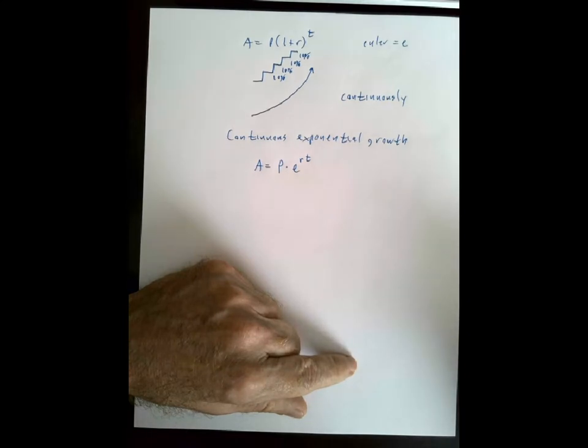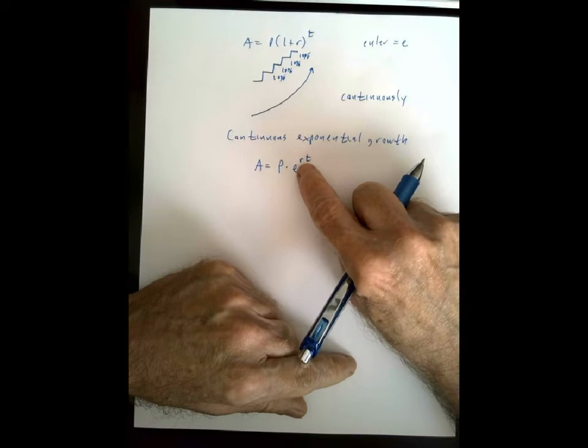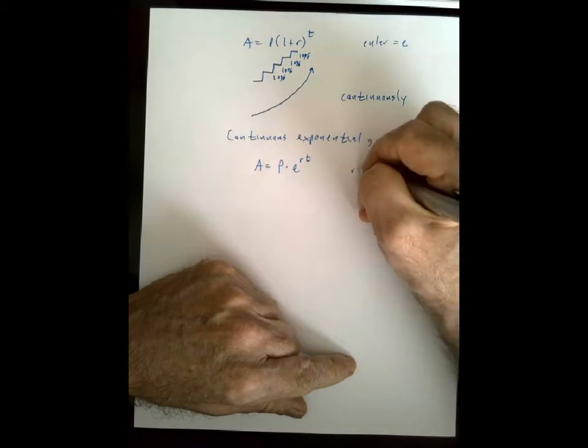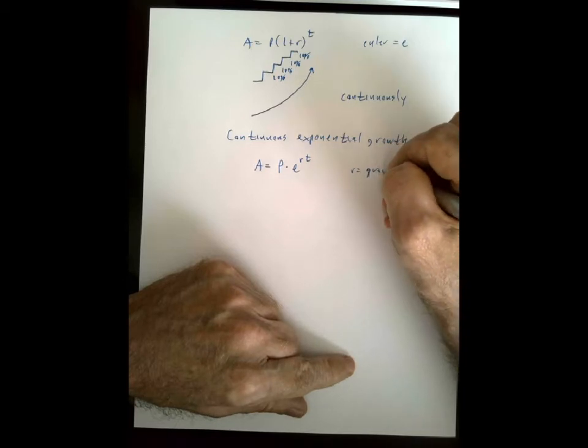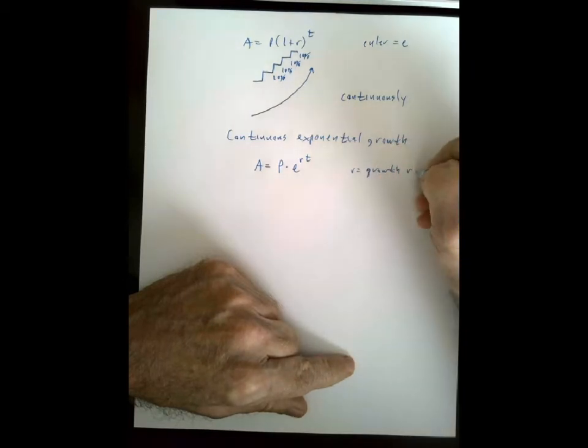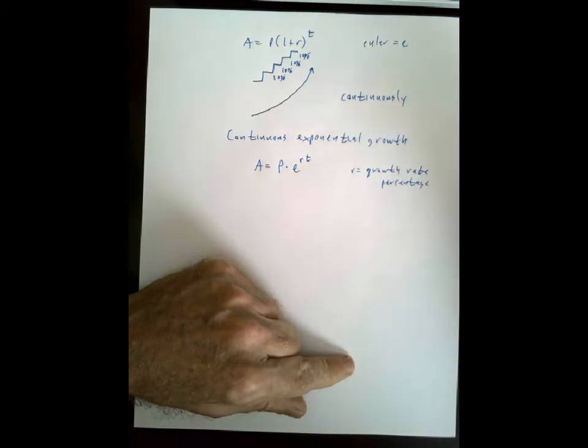It's a completely different looking formula, where R is the growth rate percentage, like the annual percentage rate we had for the previous problems.